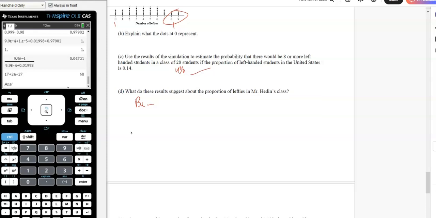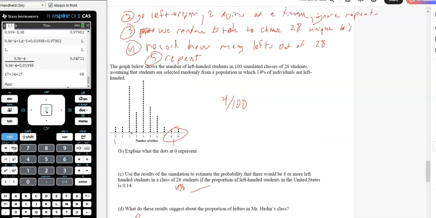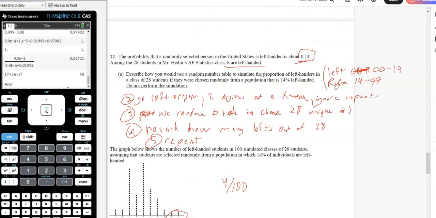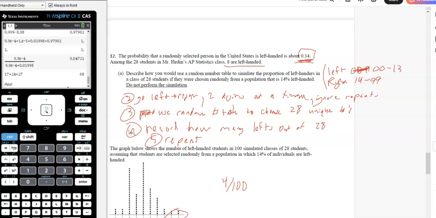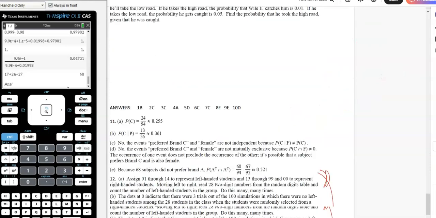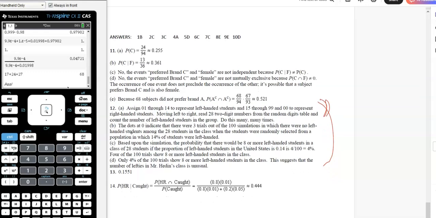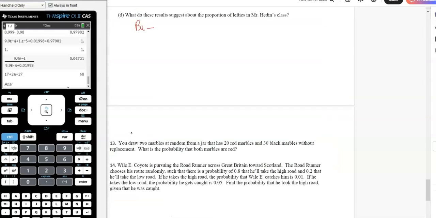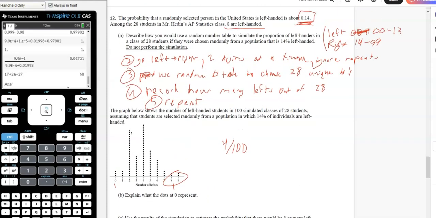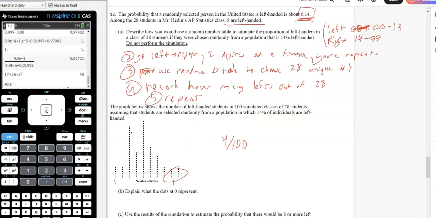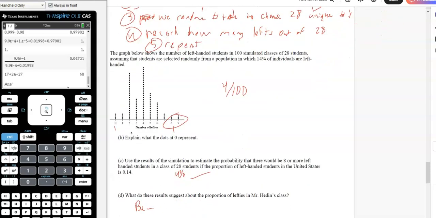I think it's just a case of super unusual. So maybe we think that 14% figure is not accurate. Only this suggests that the number is unusual. Certainly true. I would question the 14%, because our results seem to say that it doesn't seem accurate.